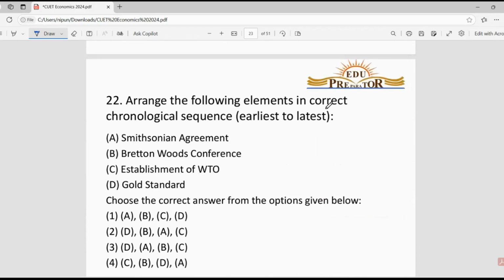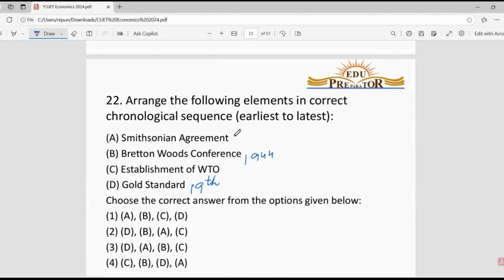Arrange the following elements in correct chronological sequence. Now let us check this. Okay. Smithsonian Agreement, Bretton Woods, establishment of WTO and gold standard. Children, you are aware gold standard started somewhere in the 19th century. So I think this should be the first one. Then Bretton Woods Conference, this happened in 1944 if I'm not wrong.